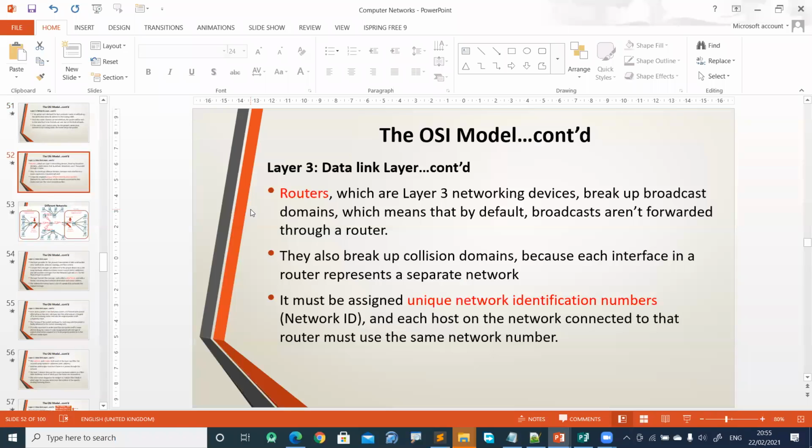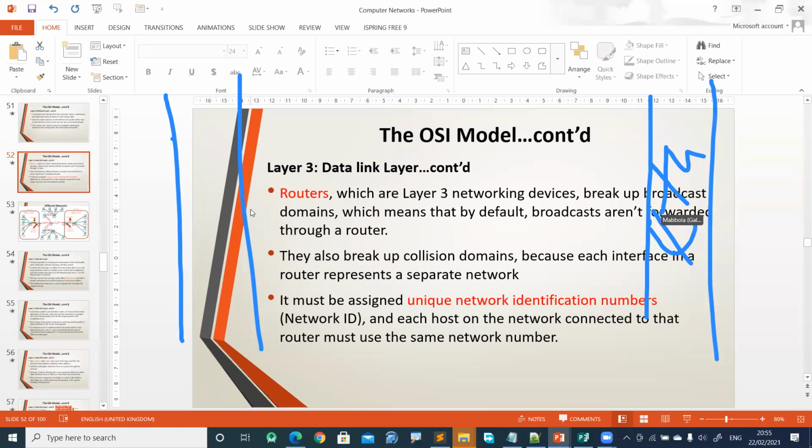Then bullet number 3: each network is given a unique network identification number. Do you remember I was saying, let me bring back the streets. In 4th Street, the unique network identification number will be 192.168.4.0.